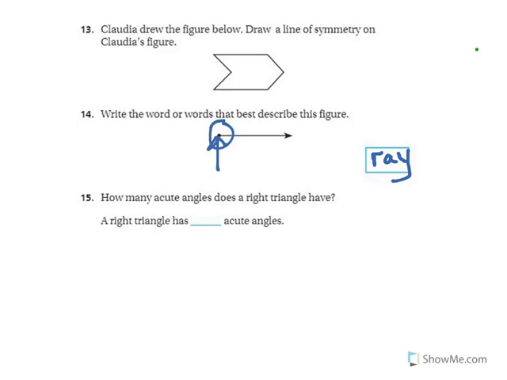Number 15, how many acute angles does a right triangle have? Well, we know that acute angles are less than 90 degrees. And we know that right triangles are 90 degrees.